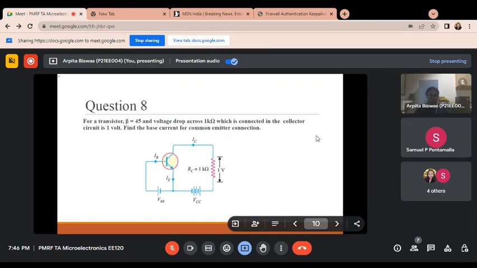Beta equals IC by IB. So you find out the IC value. IB is required, so IB you have to find out.